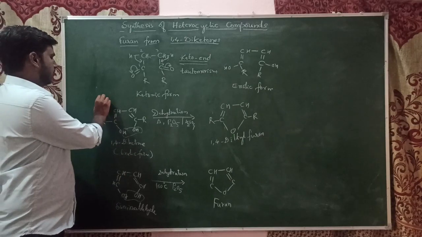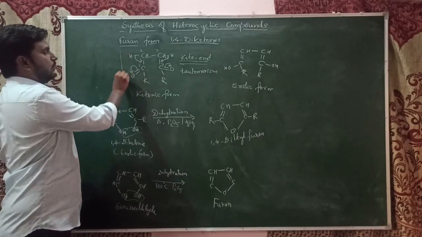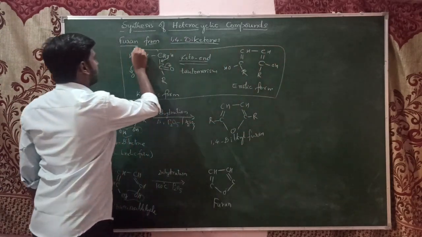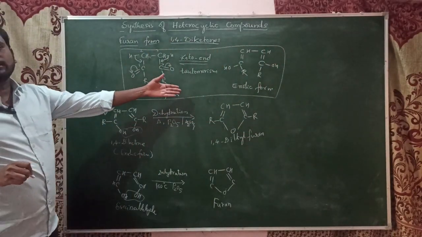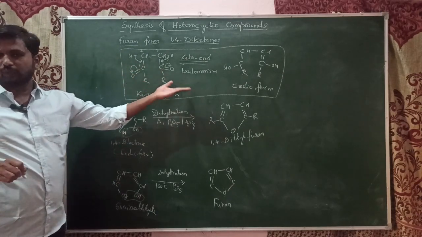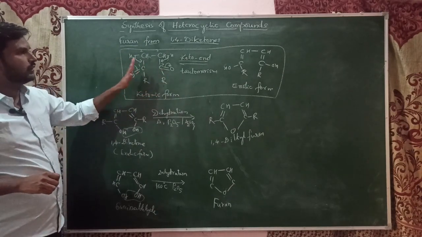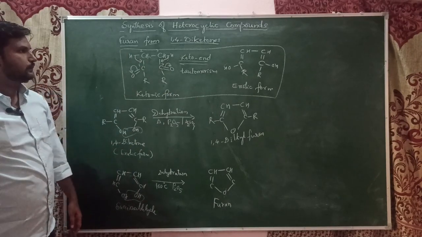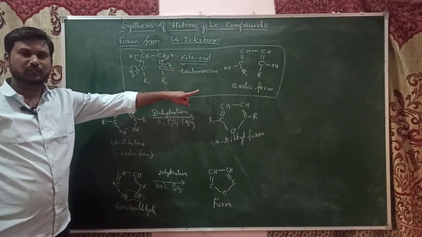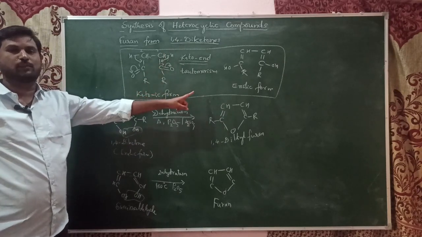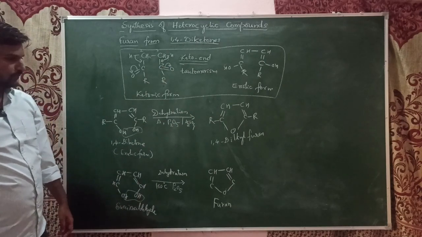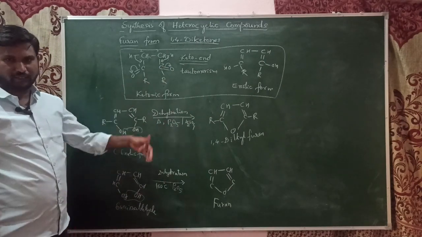This is what happens before the reaction. It is always in dynamic equilibrium. If you find the ketonic form, it will be in the enolic form. They are not two compounds. This is only one compound present in both states. That is isomerism.